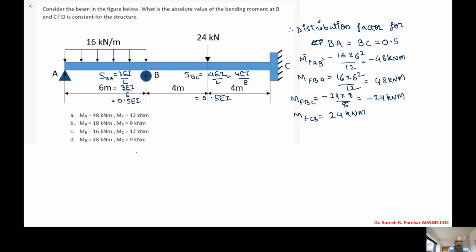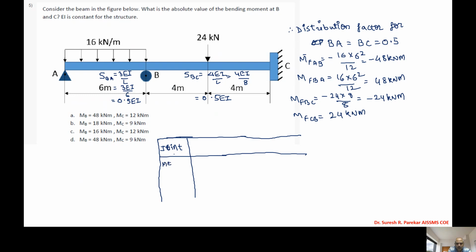And now we will solve it by the moment distribution method. If we prepare the table, we have joint, then we have member, then we have fixed end moment.